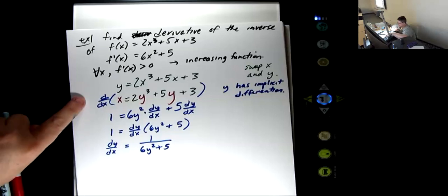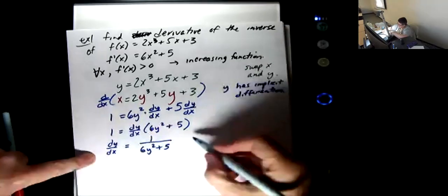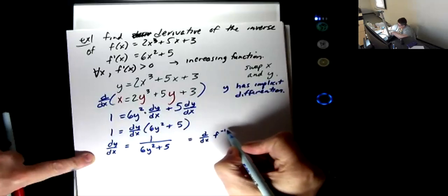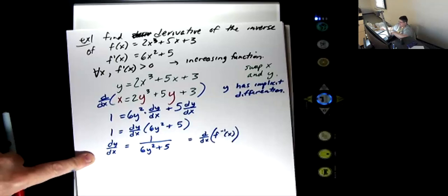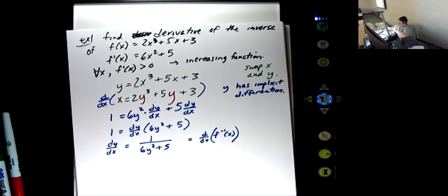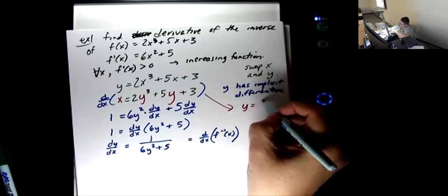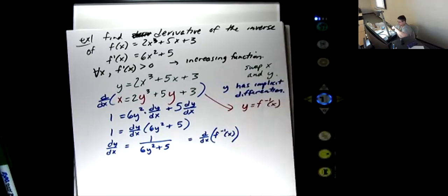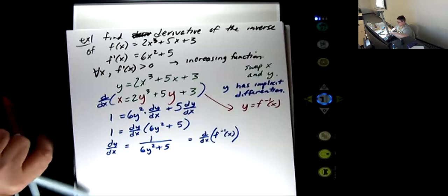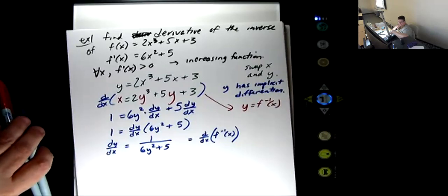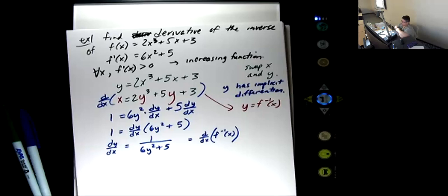So this was the inverse. We took the derivative of it. So this is like d dx of f inverse of x, because our y here was the inverse. When we did the old swap-a-root, y became f inverse. And we should probably put y back in.